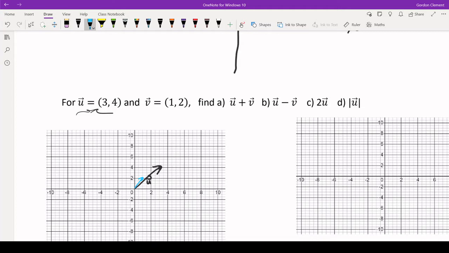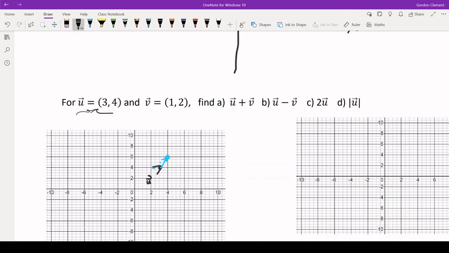And what we're going to first do is u plus v. If I'm thinking about the geometric interpretation of addition, I have to redraw vector v at the head of vector u so that they're head to tail. So picture the origin now being there, go over 1, up 2 from there, and draw the vector v, and we get that vector there.